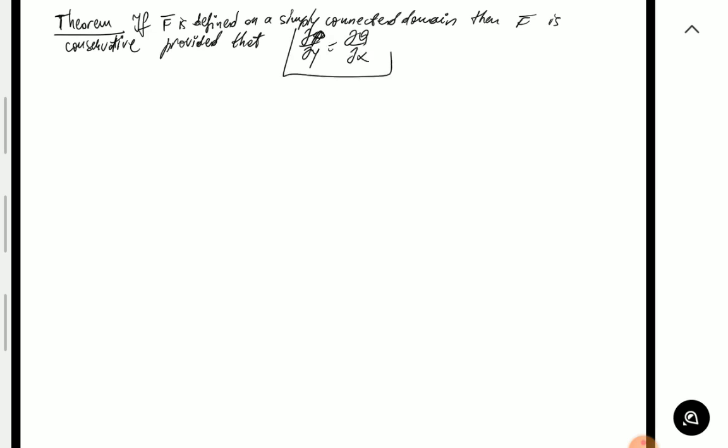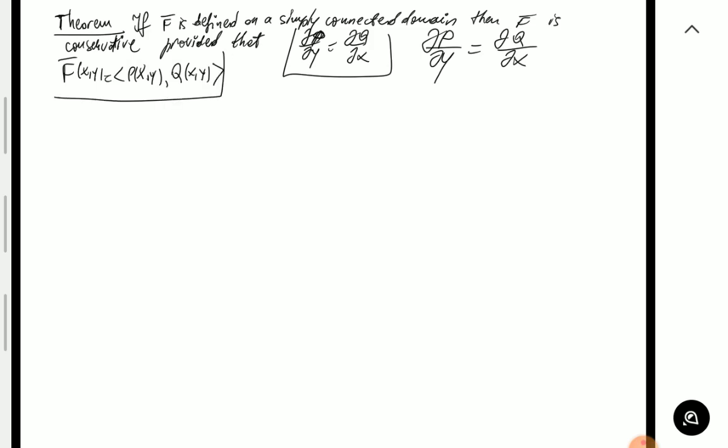Let me write it one more time. Partial y of the first component is equal to partial x of the second component. By the way, we're going to have a similar condition for vector fields in 3D, but this is strictly for vector fields in 2 dimensions.